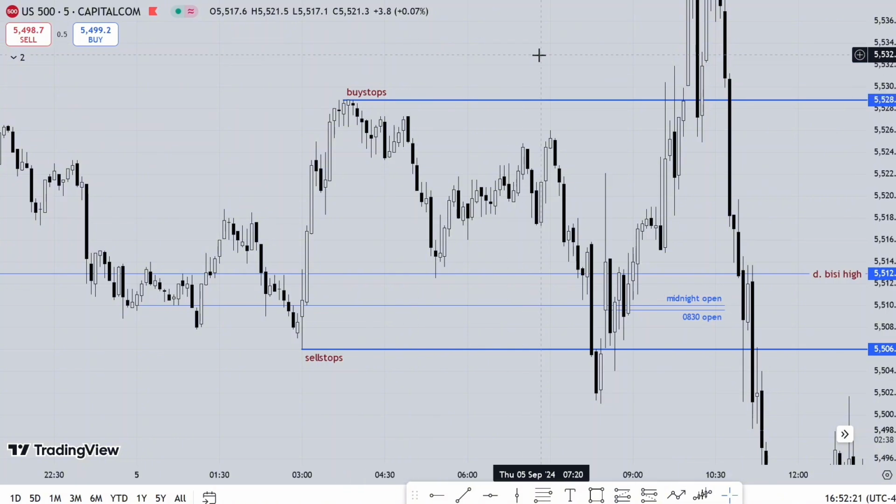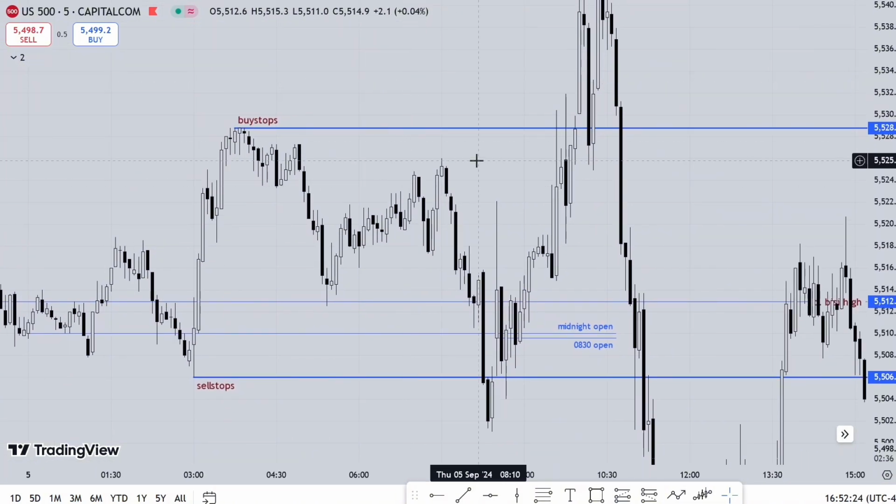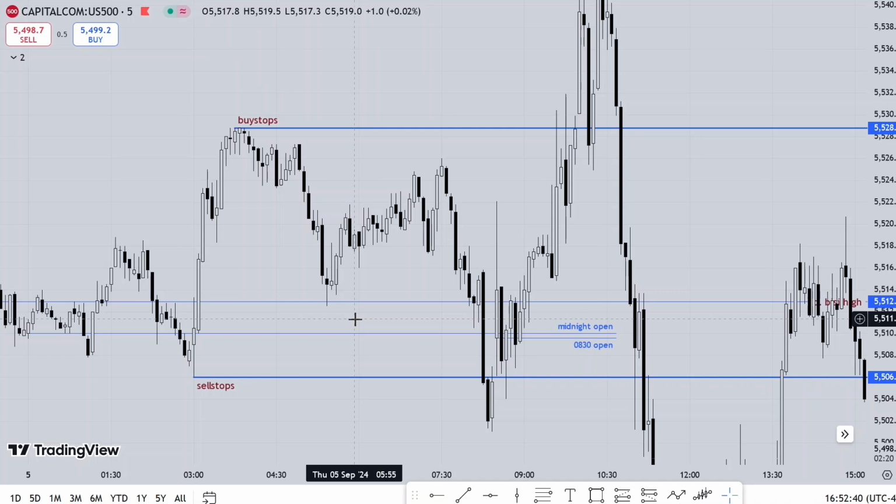So we are expecting the market to trade to it and trigger it to make it market orders. So the market does just one of two things: goes for a pool of liquidity or to balance an imbalance. Because we've swept sell stops here, we are expecting the market to go for buy stops.